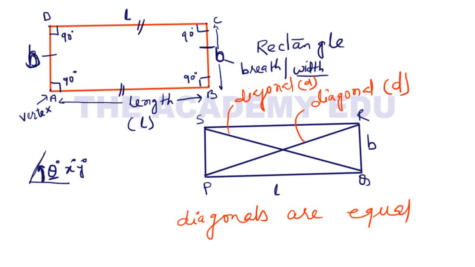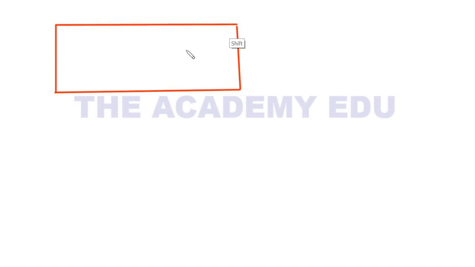Hopefully you are getting this one. So now again I am making a rectangle for you. This is the rectangle and this one is the diagonal.